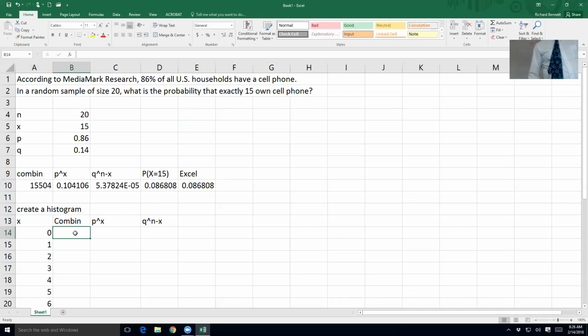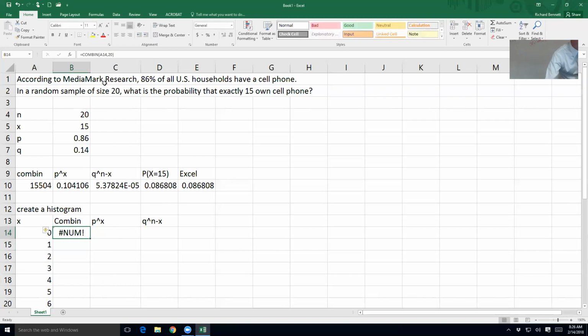So combination, this is going to be a combination of, what's the number in this case? It's going to be 0. So I'm going to actually click on the 0 so I don't have to change this every single time. Comma, how many are chosen? 20. My n is 20, right? Oh, what did I do?